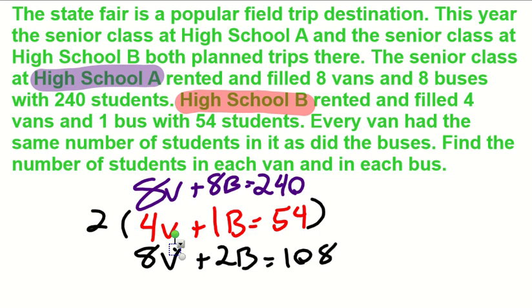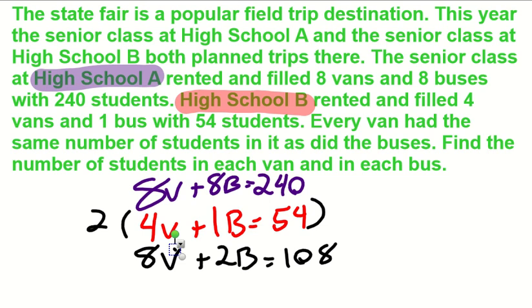All right. Now since the signs are the same on my coefficients, that middle equation doesn't really matter anymore. We've got the purple one, the black one. Since the signs are the same, I'm going to subtract. So 8V minus 8V cancels out.